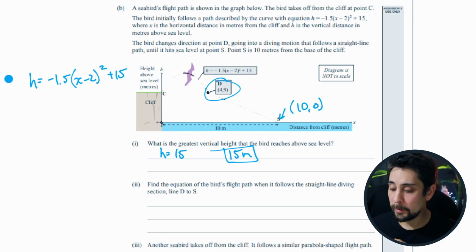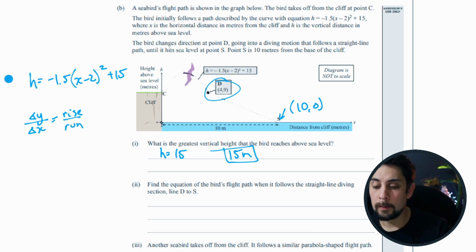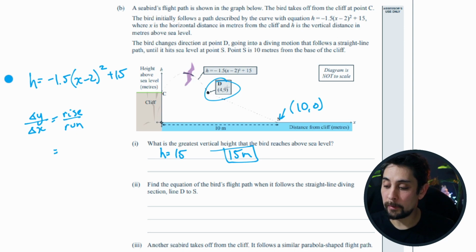So find the equation of the bird's flight path when it follows the straight line diving section from D to S. So we have our delta y over delta x, in other words, our rise over run. How much do we rise? Well, it's a drop. So we're going from here and we're dropping towards the sea. Our numbers for the rise are these second numbers, 9 and 0.